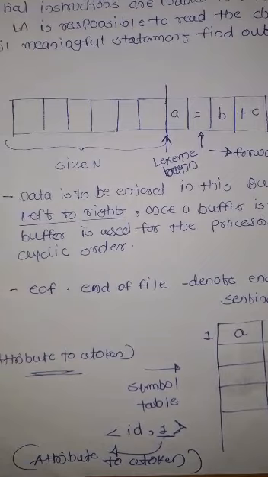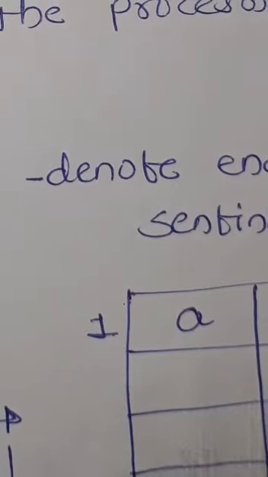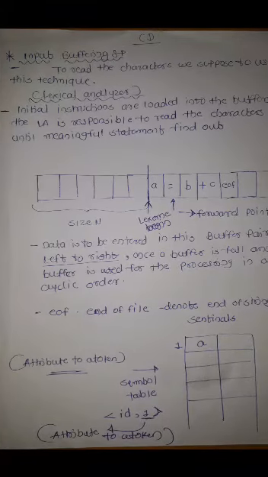So in angle brackets, identifier comma 1, the 1 describes the attribute to a token. So what is the attribute to a token? In the first position of that particular memory, identifier 1 is situated, and that identifier 1 has the value a. So this is the idea of the attribute to a token.